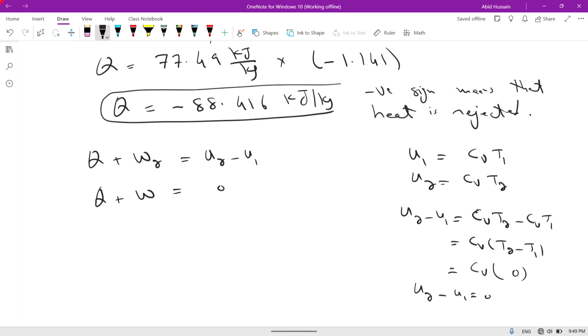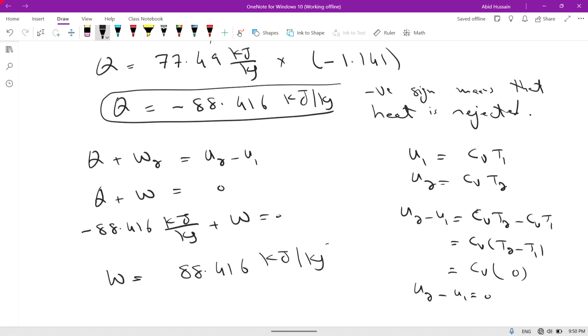So now the value of Q is minus 88.416 kilojoule per kg, plus W is equal to 0. So W is equal to minus minus 88, on the other side will be plus 88.416 kilojoule per kilogram.